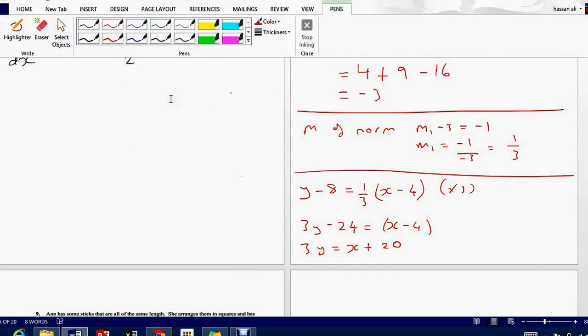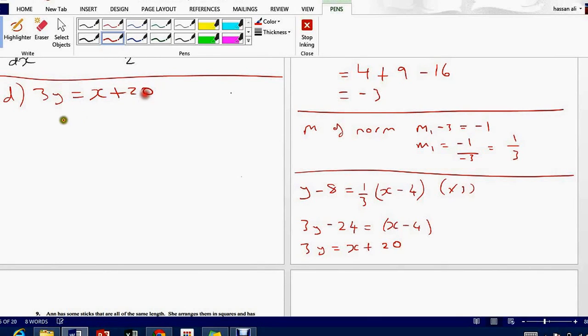Right, so part D is asking you to find the length PQ. Since 3y equals x plus 20, remember when y equals 0, your x will equal minus 20.